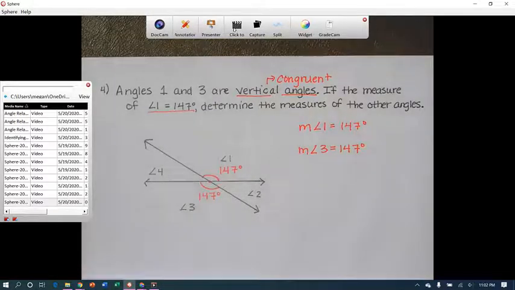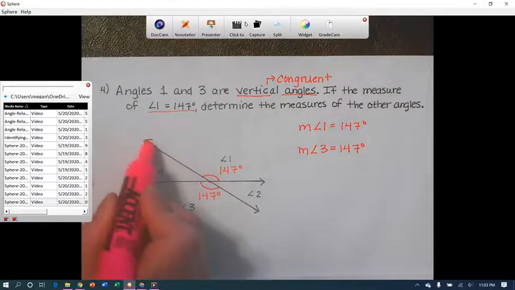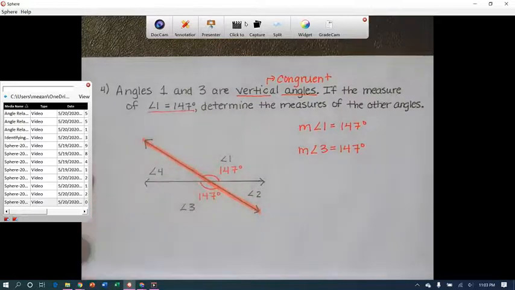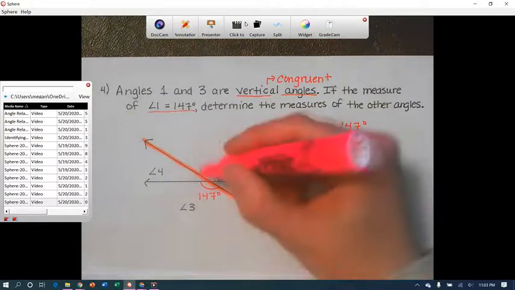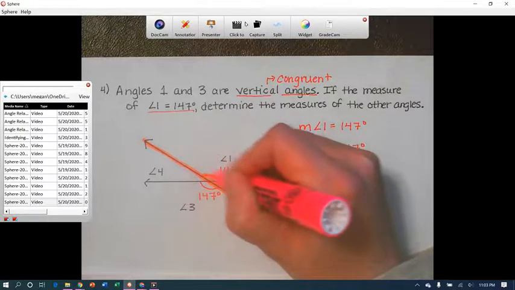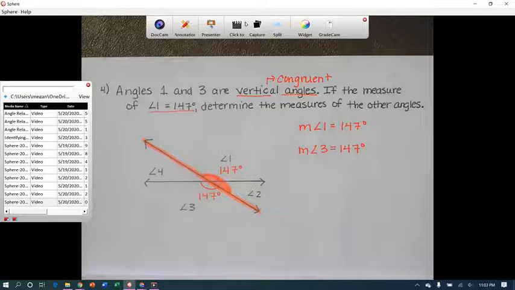Well, now we have to figure out the measures of angle 2 and 4. How can we do this? Well, I'm going to look at angles 1 and 2. If we look at angles 1 and 2, together they form this straight line. So that means that angle 1 and angle 2, this right here, is 180 degrees.